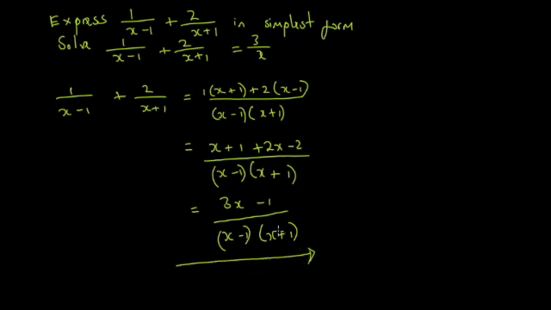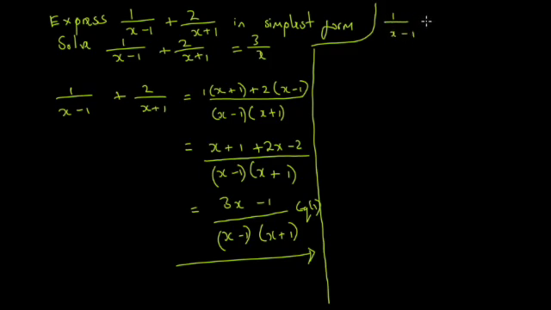I hope that you found this answer, and now we're going to do the second part, which is to solve for this. This one, you can name it equation 1. So we're given 1 by x minus 1 plus 2 by x plus 1 equal to 3 by x.